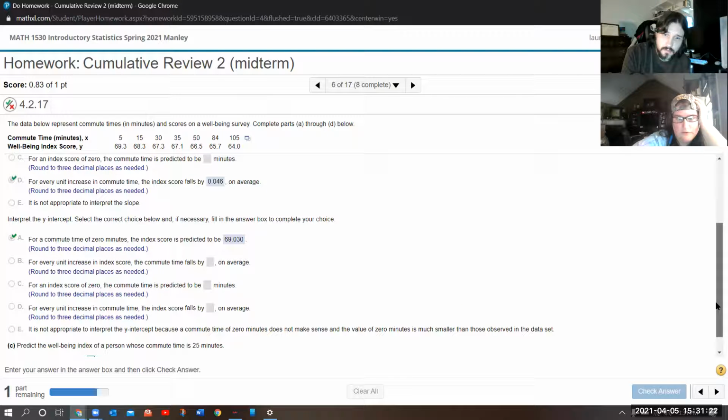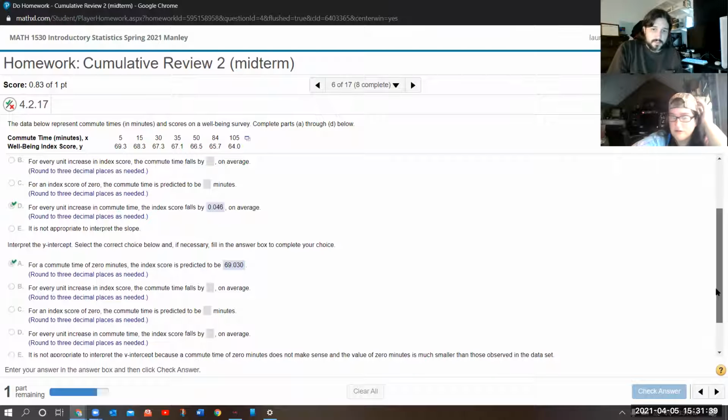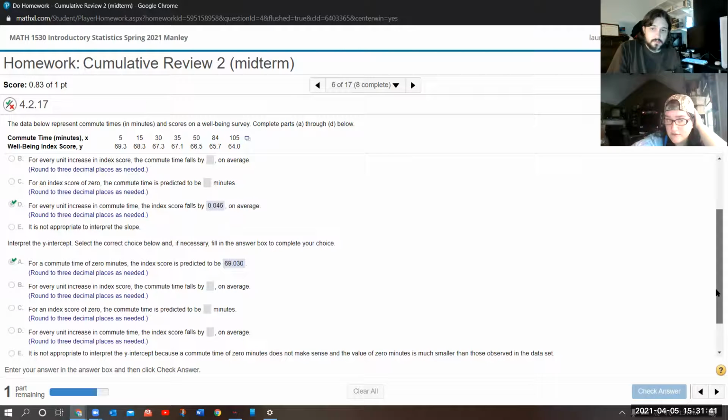For a commute time of 0, it's predicted to be about 69.030. I'm just asking you, in what scenario would it make sense for a commute time to be 0? I don't think it would ever make sense.